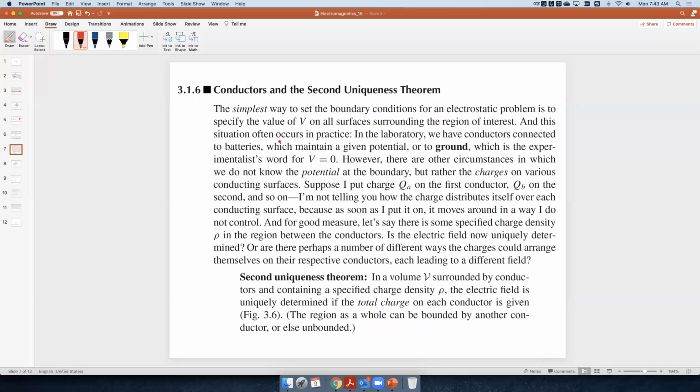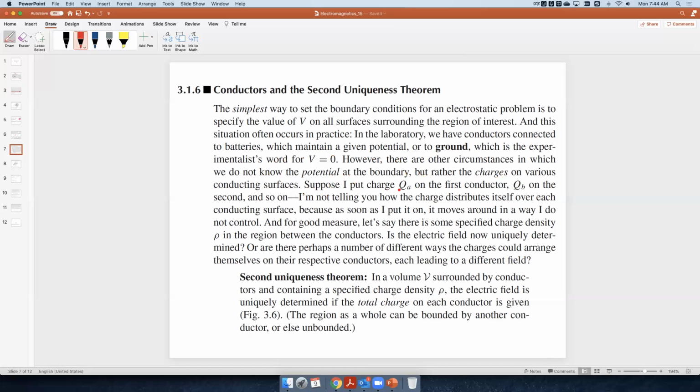And this situation often occurs in the Laplace case. At the boundary, we have conductors connected to batteries, which maintain a given potential, or to ground, which is the experimentalist's word for V equals 0. That's the boundary condition. And there are some other circumstances in which we do not know the potential at the boundary, but rather the charges on various conducting surfaces.